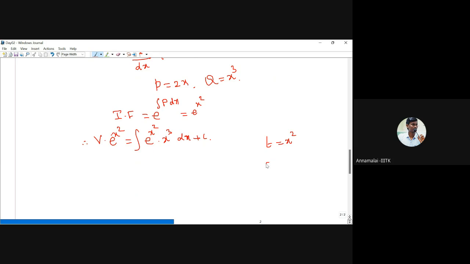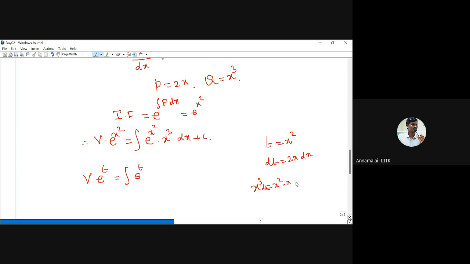Now, what is dt? 2x dx. Therefore, this equation reduces to v into e power t equal to the integration of e power t into x square x cube dx. x cube can be written as x square into x, into dx.